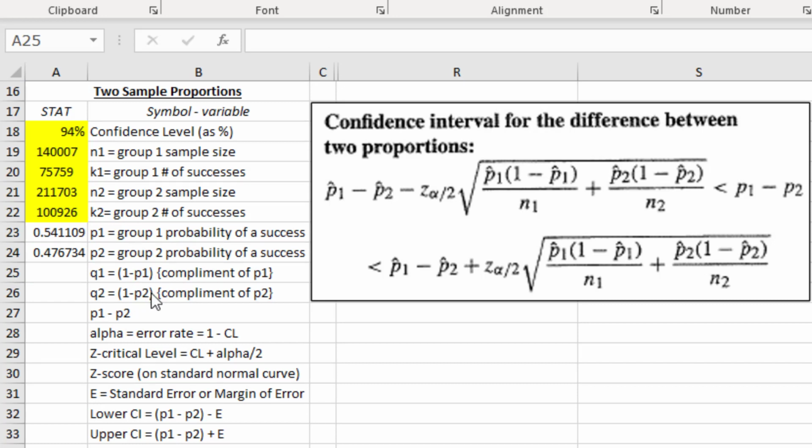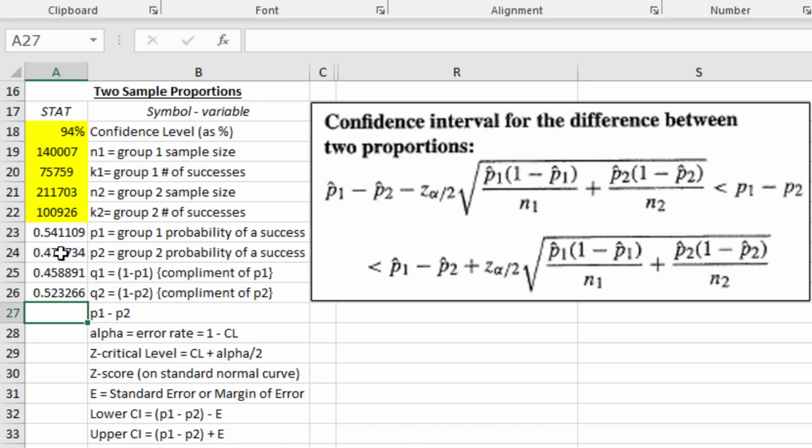Q1 and Q2 are simply the complements of P1 and P2, so that's easy, right? I mean, these are also P hat 1 and P hat 2. These things up here, I'm just not taking the time to put little hats on them. So equals 1 minus P1, equals 1 minus P2.